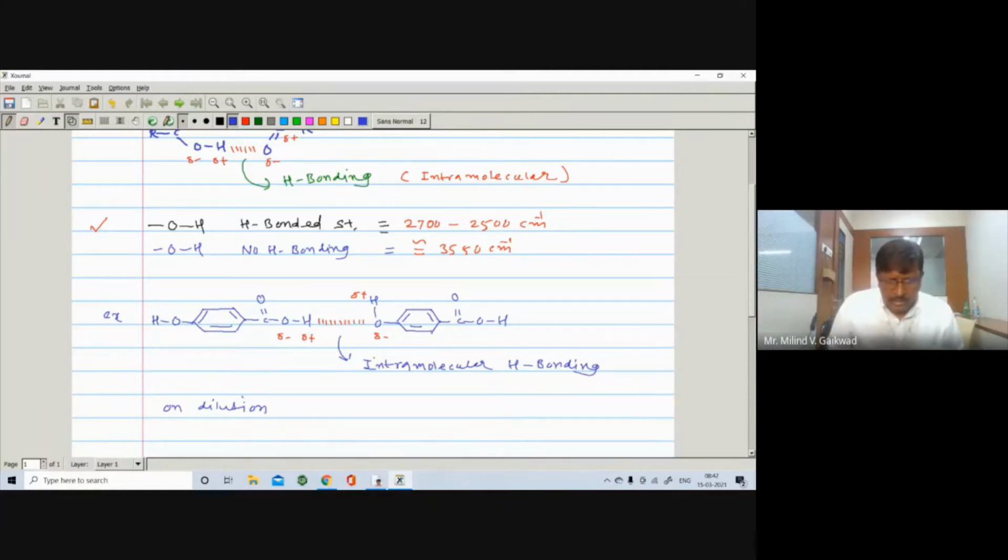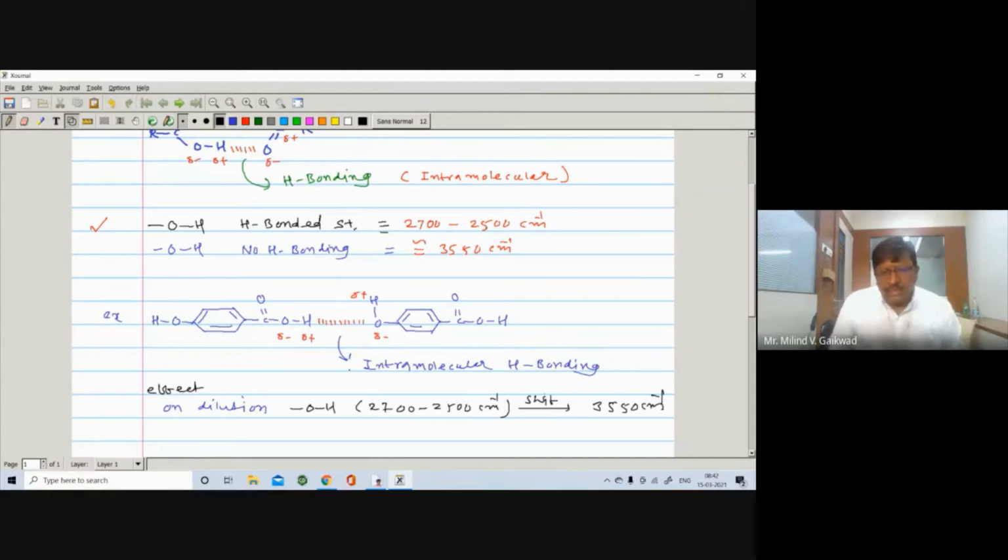The OH stretching which appeared previously at 2700 to 2500 centimeter inverse will shift to 3550 centimeter inverse. So this is the effect of dilution.